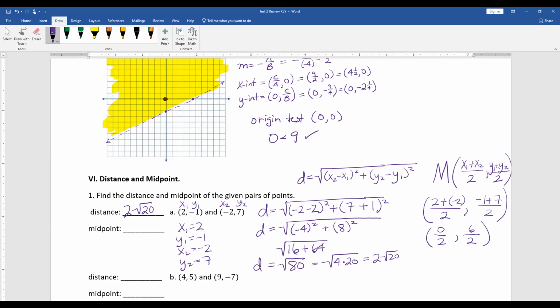Is 6. So what's anything divided into 0? 0. And 6 over 2? 3. So our midpoint is our y-intercept because x is 0.